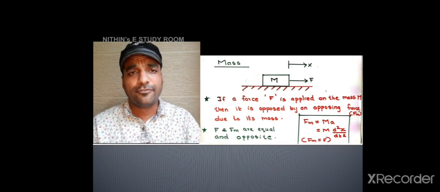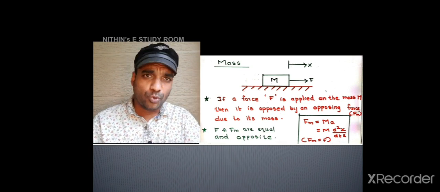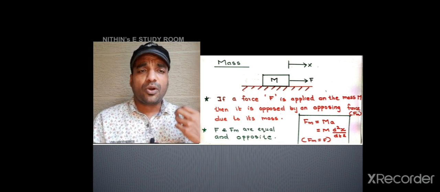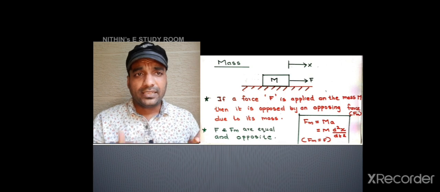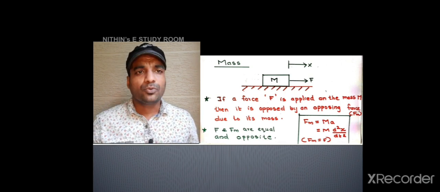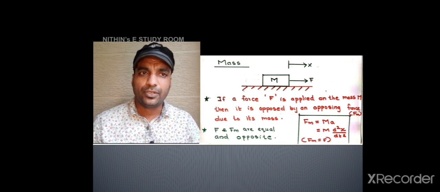If we apply force F on the mass to move it, it automatically develops some opposing force. The equation of force, Fm, is simply by Newton's law, mass into acceleration, m into a.